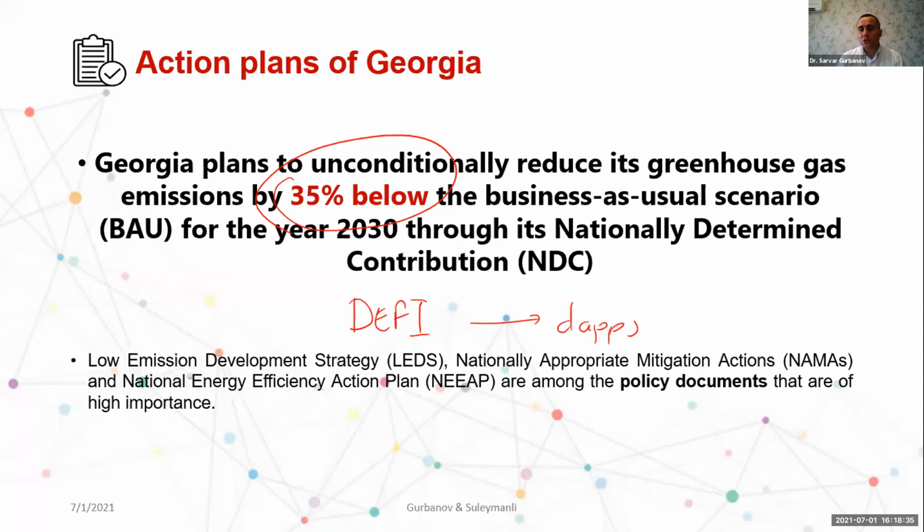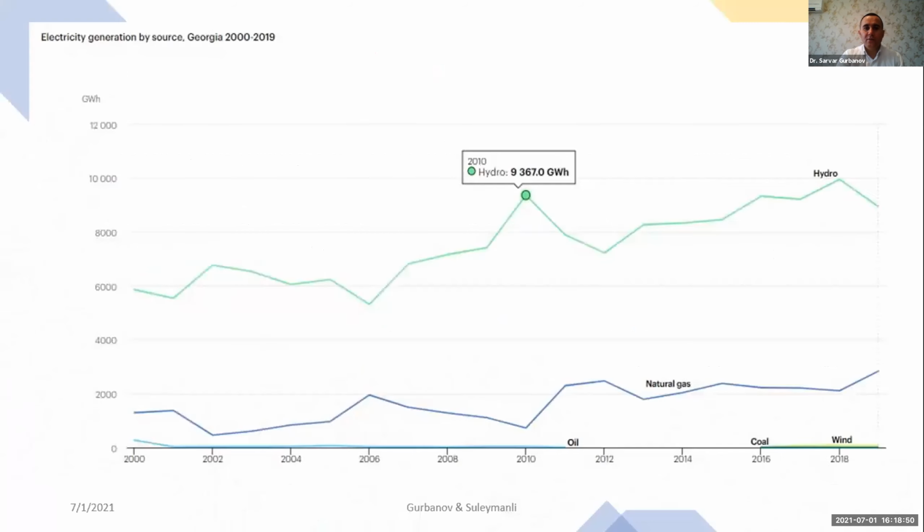So how is Georgia also going to welcome DeFi and blockchain? There's another issue that regulation and monitoring are a problem here. So definitely these are very big questions about Georgia.